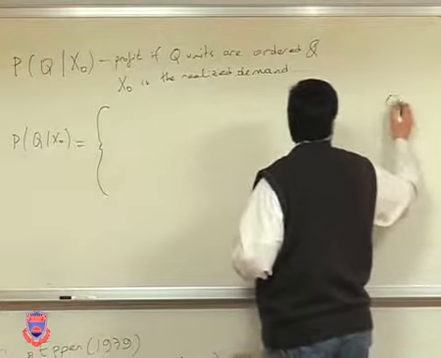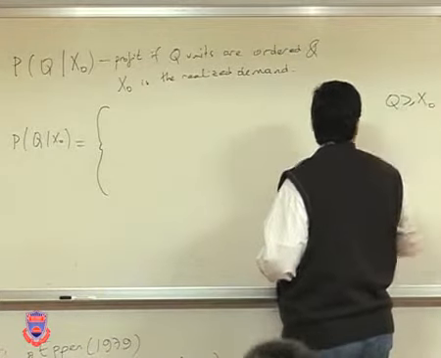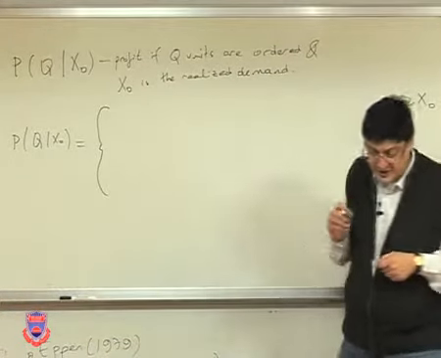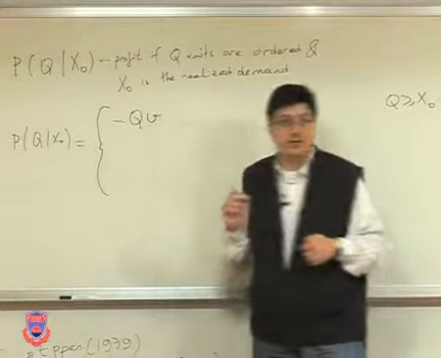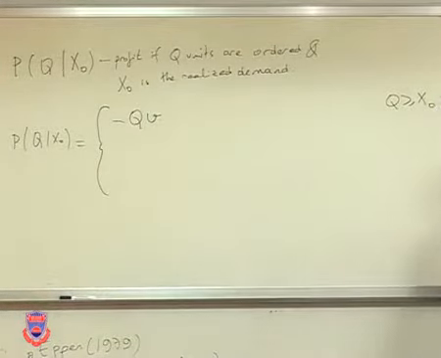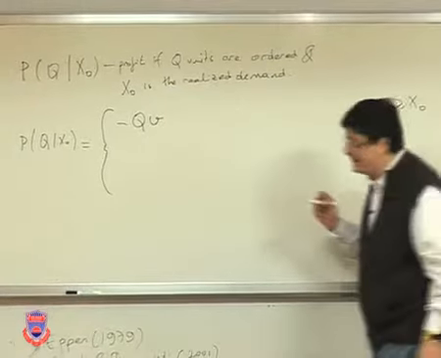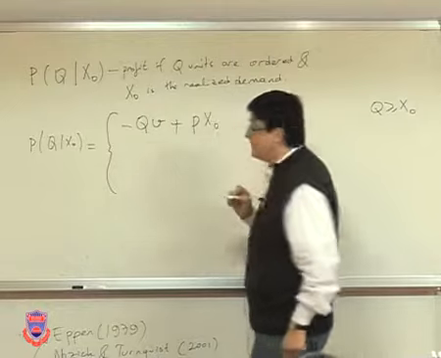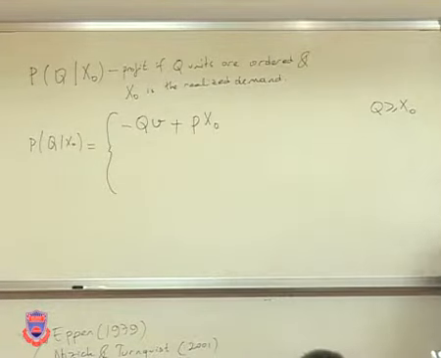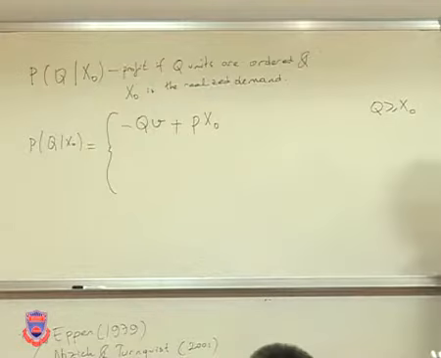So the first range would be if Q is greater than or equal to x0. Now, I'm going to pay the acquisition cost, so I will have minus Q times V. And then I will sell all the demand, so I'm going to have a revenue P times x0.